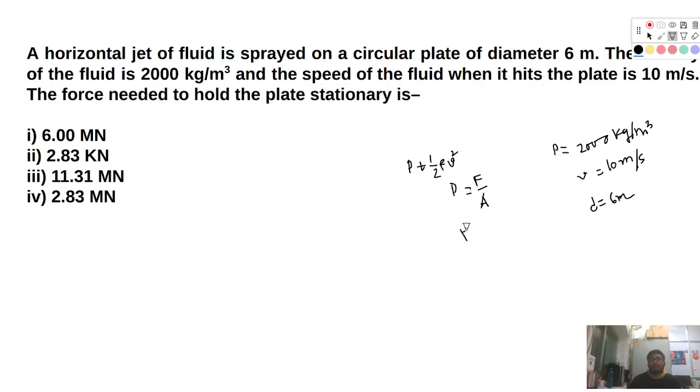So to find the force, instead of pressure, we calculate half rho v square into the area; there is a circular plate, so the area will be pi r square. Now we have been given the diameter d, so we have to put in these values.